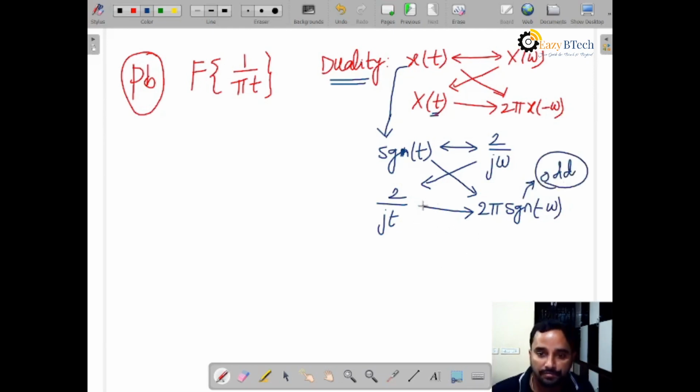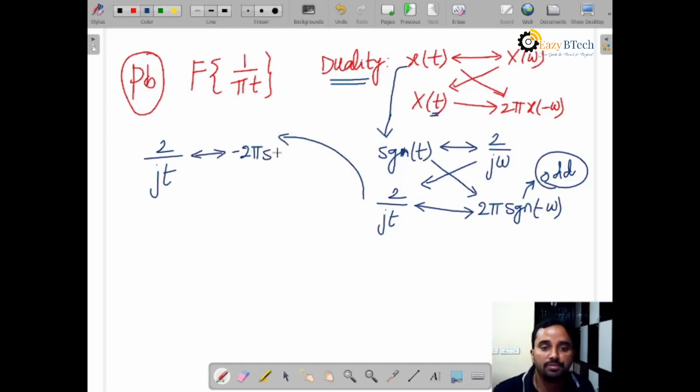Therefore, the Fourier transform of 2 by jt, writing the odd function, is minus 2 pi signum omega. Here the 2 gets cancelled. Then the 1 by jt Fourier transform is minus pi signum of omega.